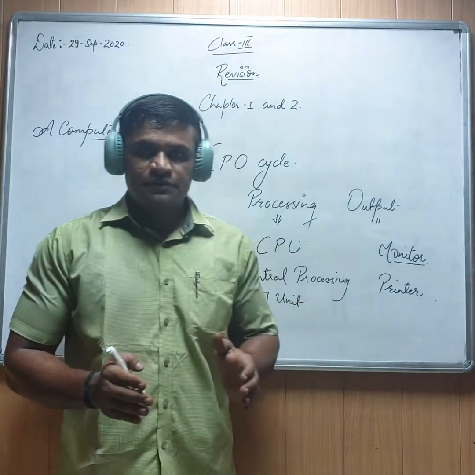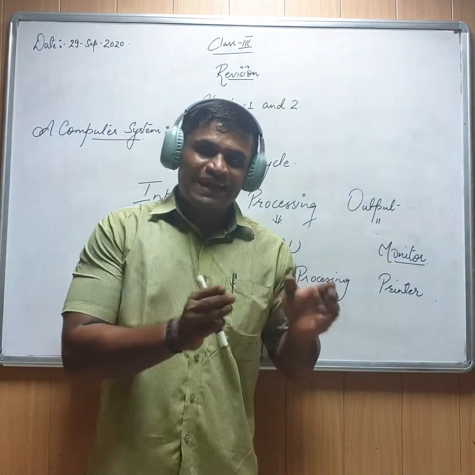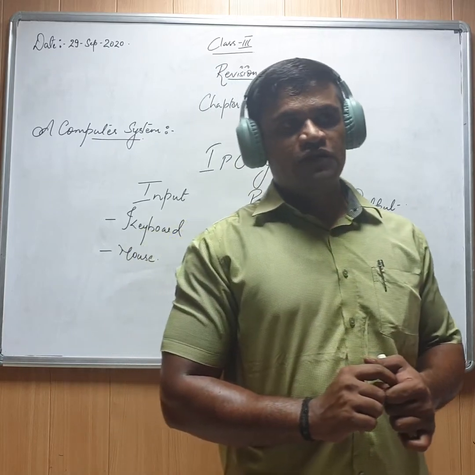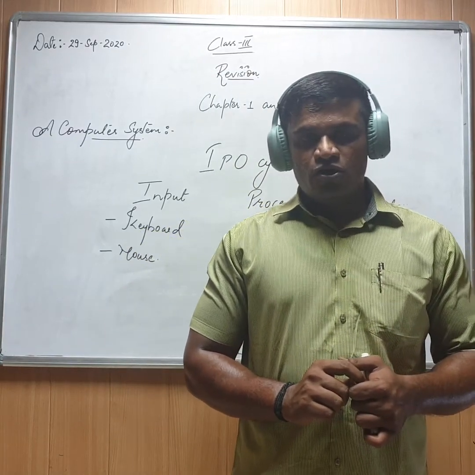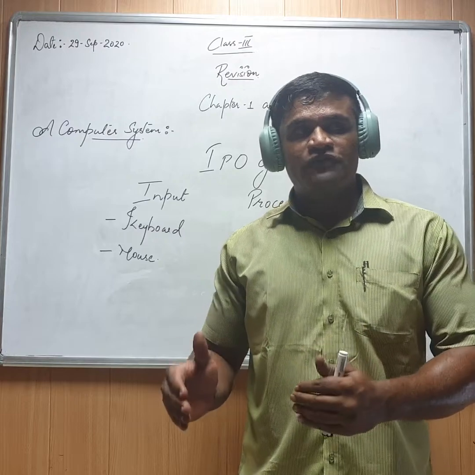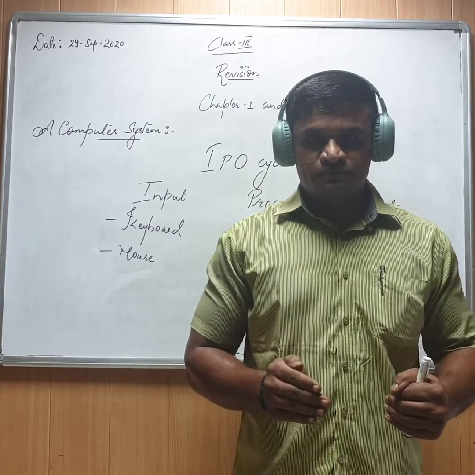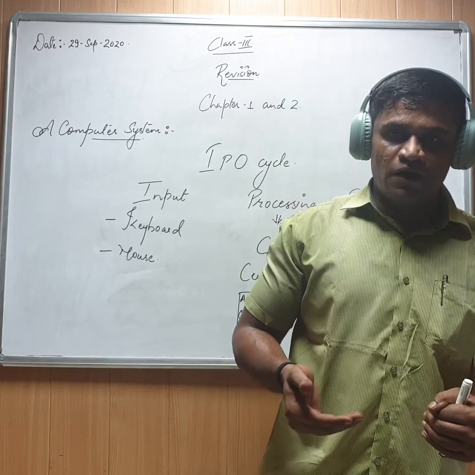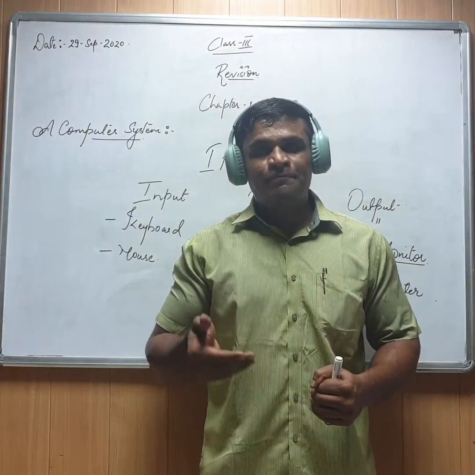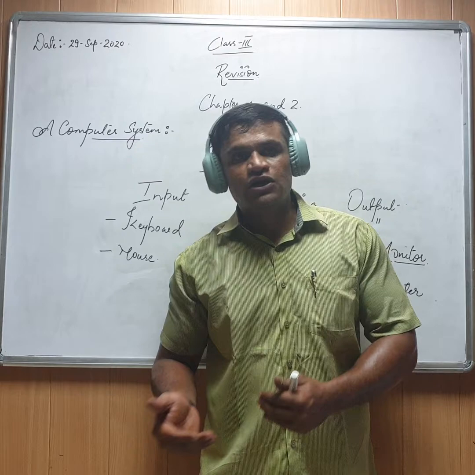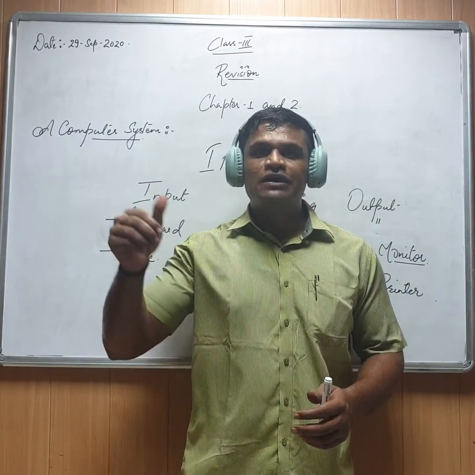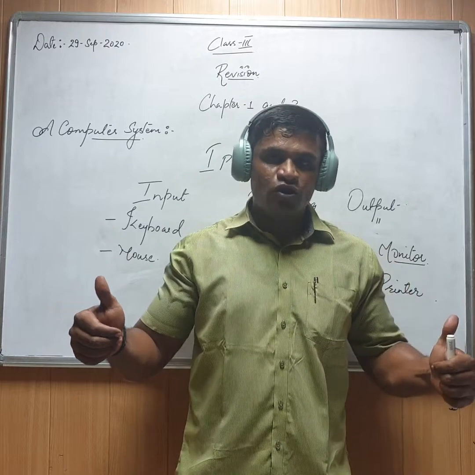The data which is stored in the computer is known as soft copy of the data. Similarly, if you have taken a printout, that is, you have printed that content over a page, that printout is known as hard copy. So for comparison, we have two things: soft copy and hard copy.